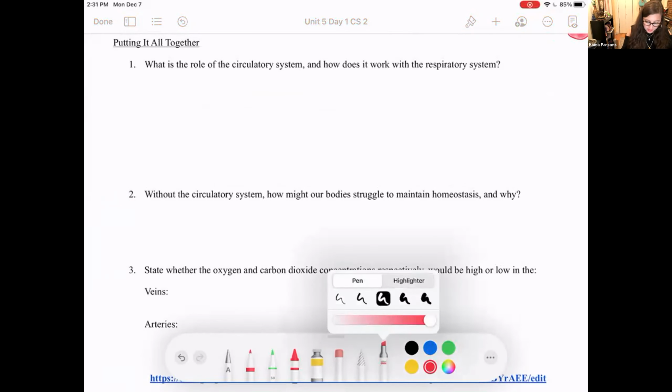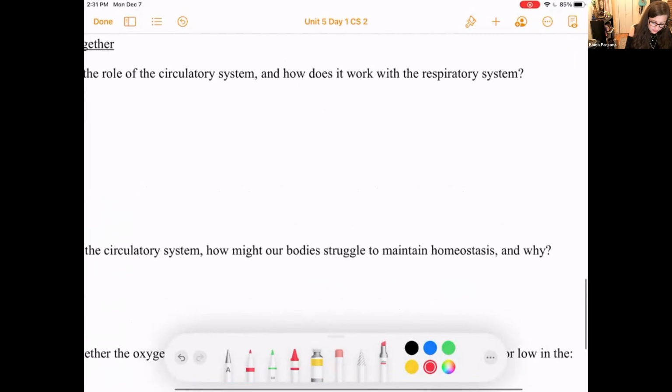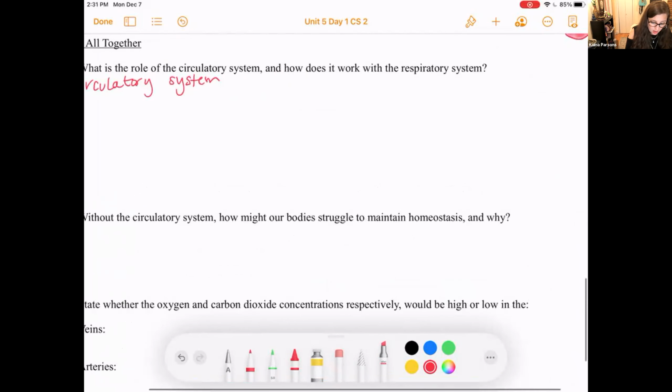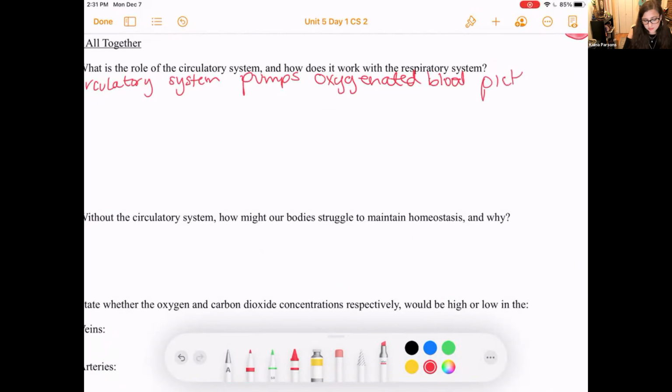So the circulatory system pumps oxygenated blood picked up at the lungs via the arteries throughout the body.